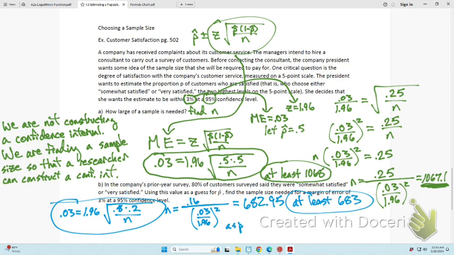As p hat moves away from 0.5, the needed sample size decreases.